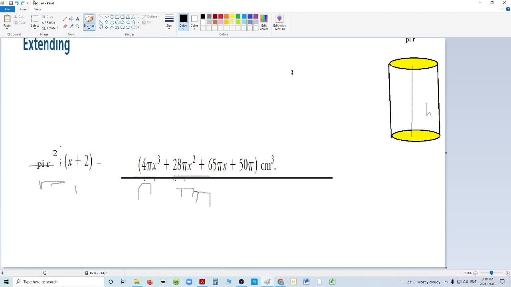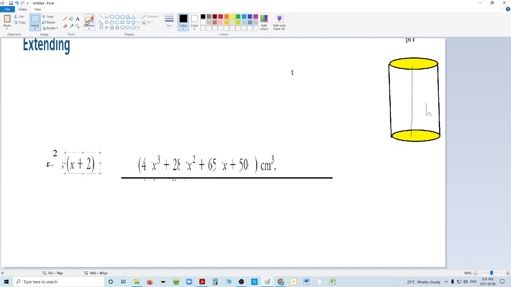So I can just get rid of those pi's, and I'm left with r squared. If I divide pi on this side and pi on this side, each pi is going to disappear. So the pi's don't even matter. If you don't understand how I did that, I can answer the question.